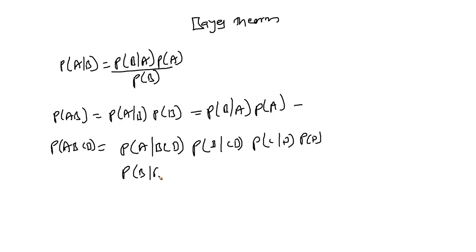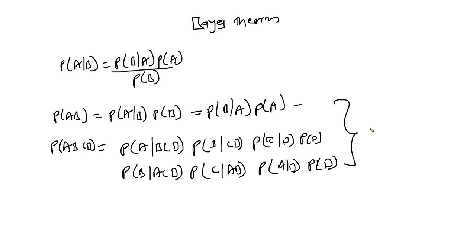You can have something like probability of C given A, D, times probability of A given D, times probability of D. So the order can be anything. These represent the chain rule of probability, and using these you can easily derive Bayes' theorem. So let's go back to the problem.